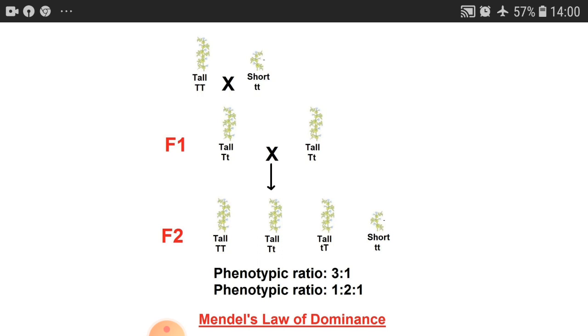Now, as I told you, these crosses give similar results with reciprocal parents also. So what is a reciprocal cross? A reciprocal cross involves the same traits but the sexes are opposite to those in the first case.